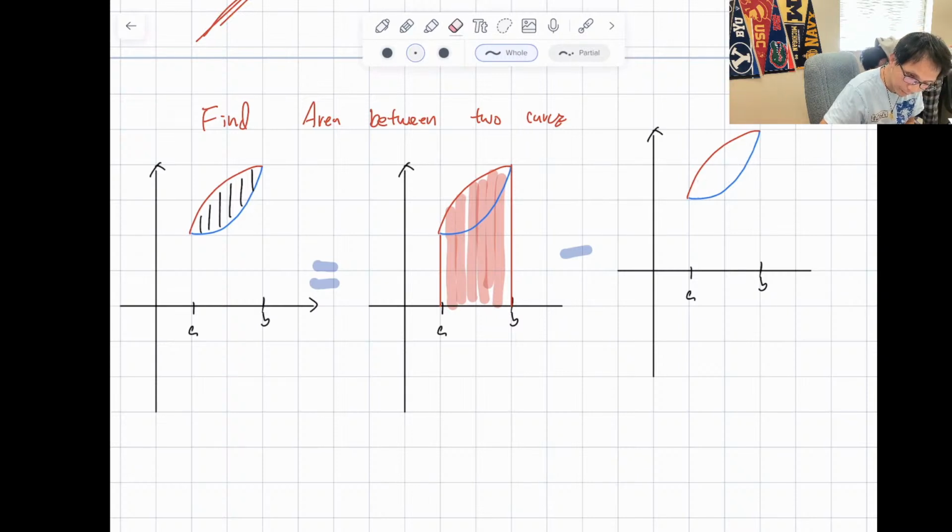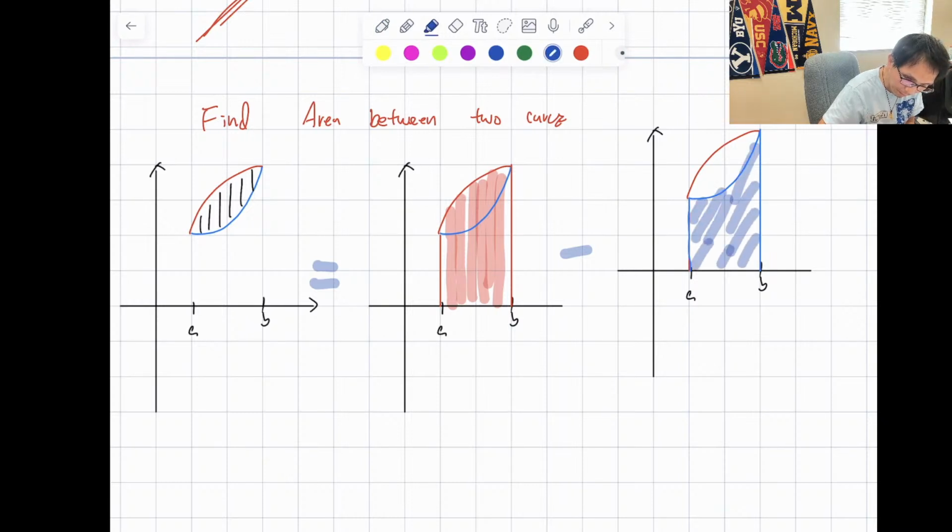It's like the delta of the area kind of thing. Subtract this area here. Subtract this area here. Then I will get the area in between. Does that make sense?